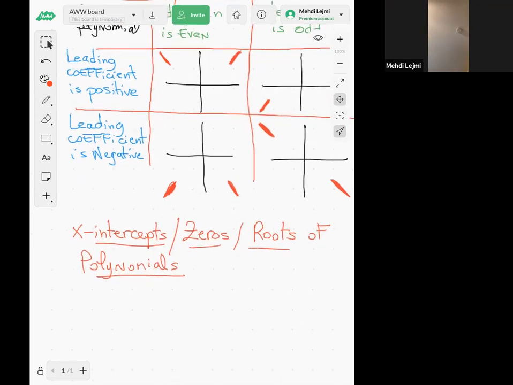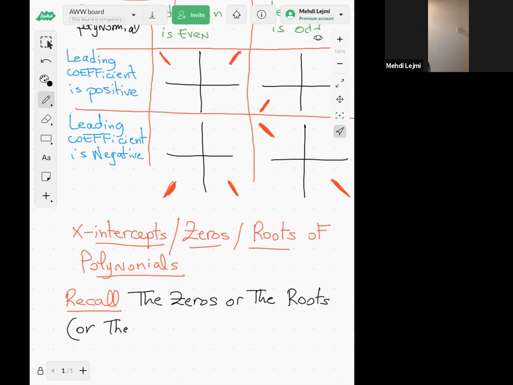So the zeros or the roots, or I mean the x-intercepts of f of x, are just the solutions of f of x equal to 0.